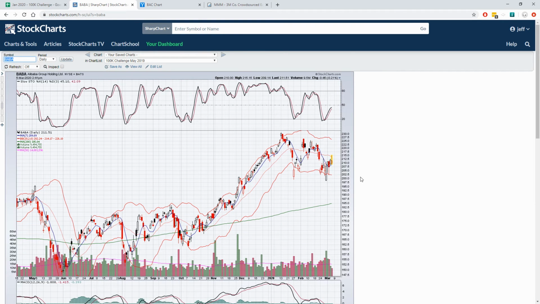It still has a very solid technical element to it, and one that I would not be surprised to see move up to that 225 level that the algorithm is triggering it for. And this is something where I will leave myself open to be able to re-enter tomorrow morning, or tomorrow afternoon, should we see the option values normalize to a much more significant degree than what they are at the moment.